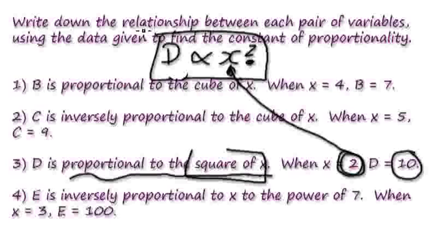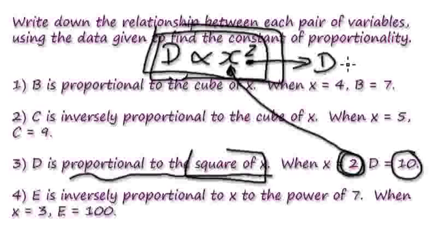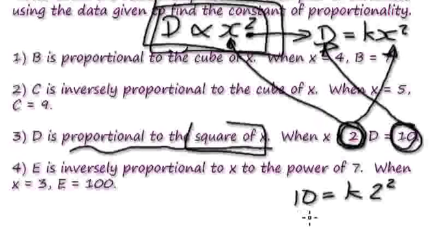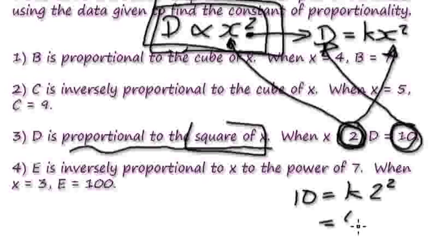So when x is 2, d is 10. You can jump to d equals a number k x squared. So let's put the 2 into the x here. That would become k 2 squared, and put the 10 into the d. This equals 4k, 10.